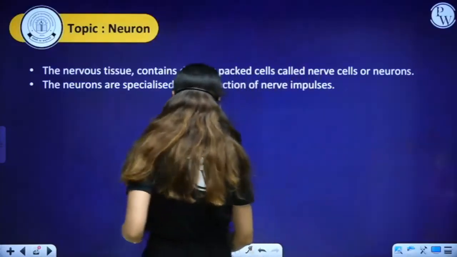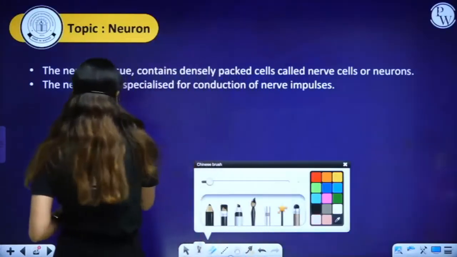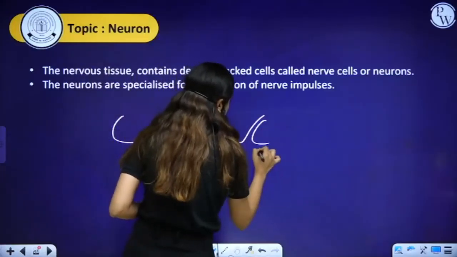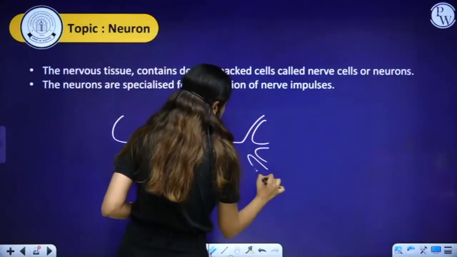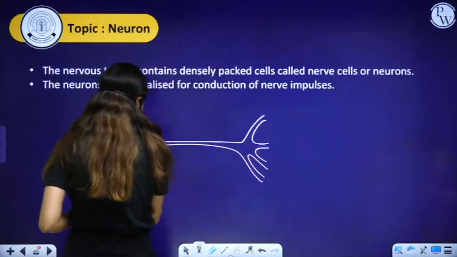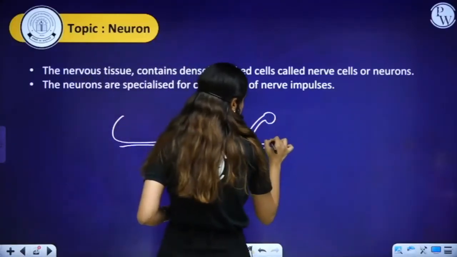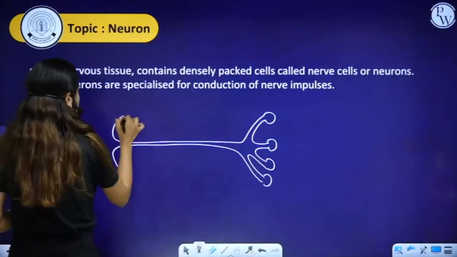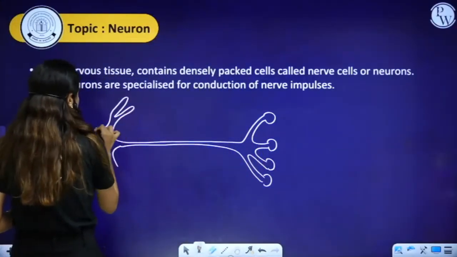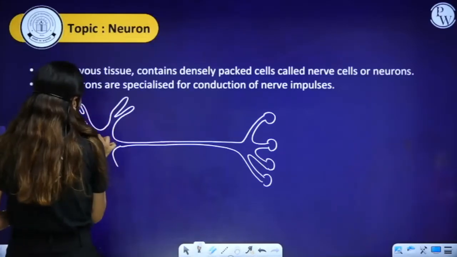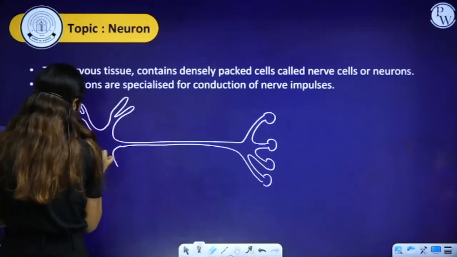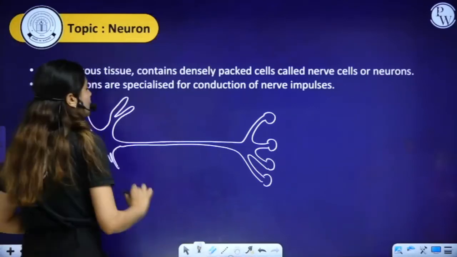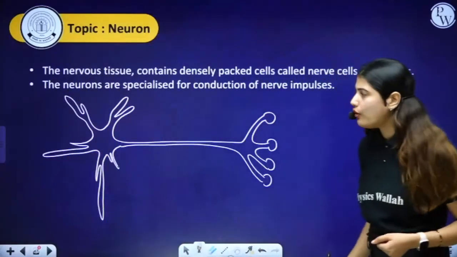Let's have a look into the neuron. So this is the basic diagram of a neuron.